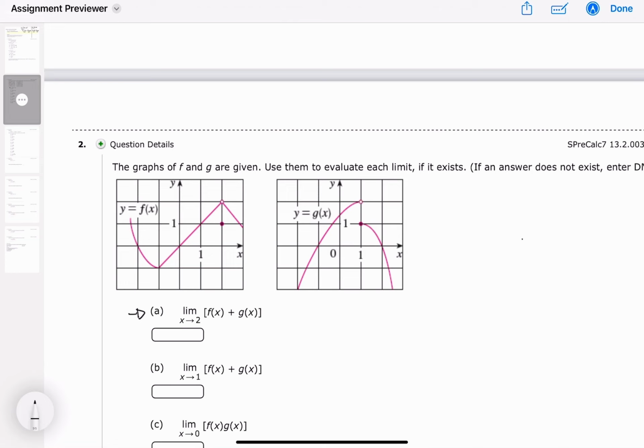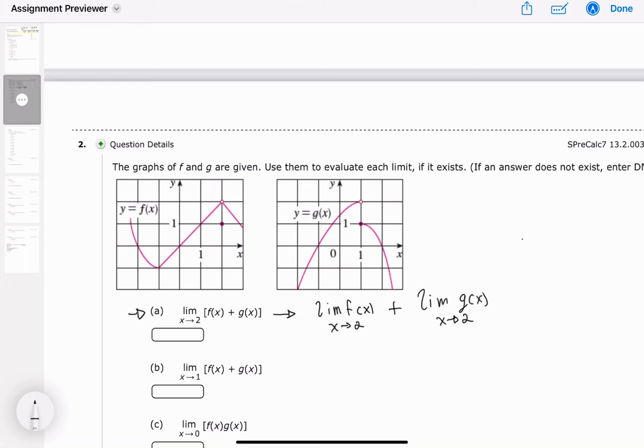So what I actually know from the previous properties we did is that I can rewrite this limit differently. Okay, and I can rewrite that as the limit of the first one as x approaches 2 plus the limit of the second one as x approaches 2. You see? Why is this useful?